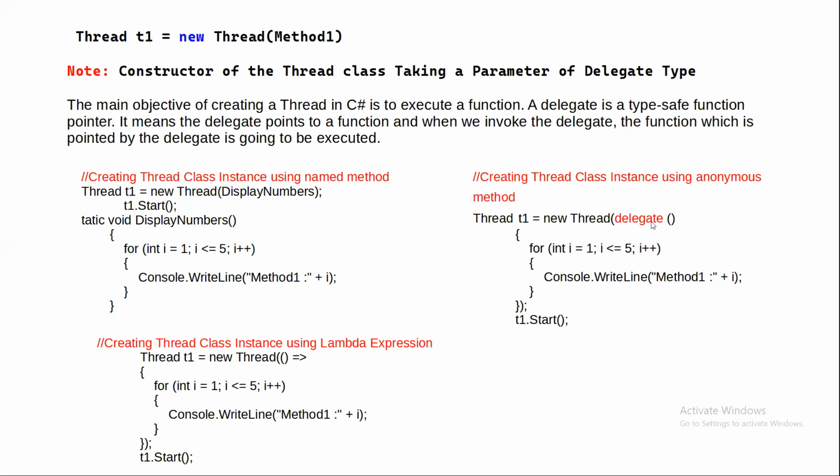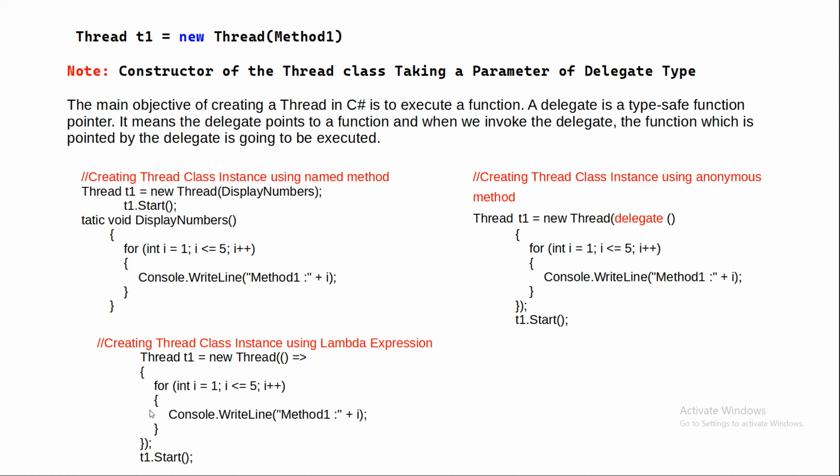When you say the delegate word, internally the CLR creates its own method and keeps this logic in the method. But when you use a lambda expression, you nowhere mention the method. You are not mentioning the method name, simply writing your code.